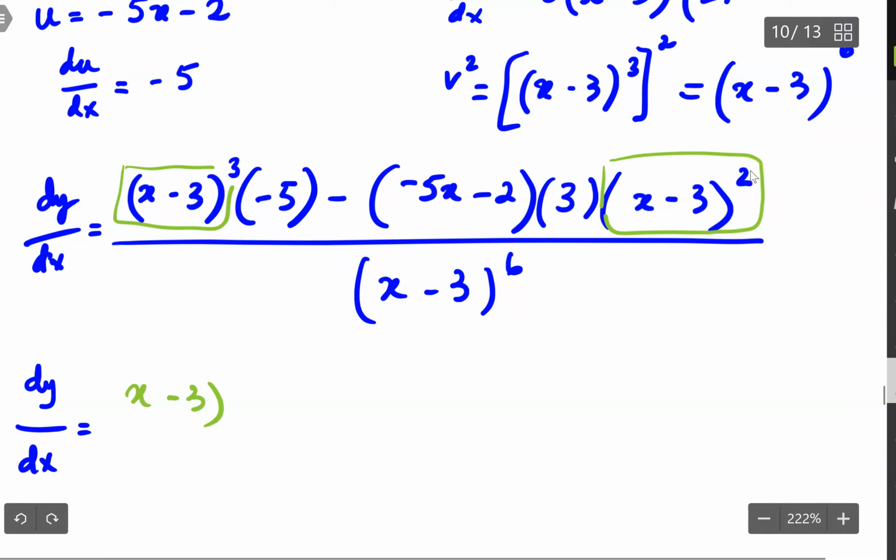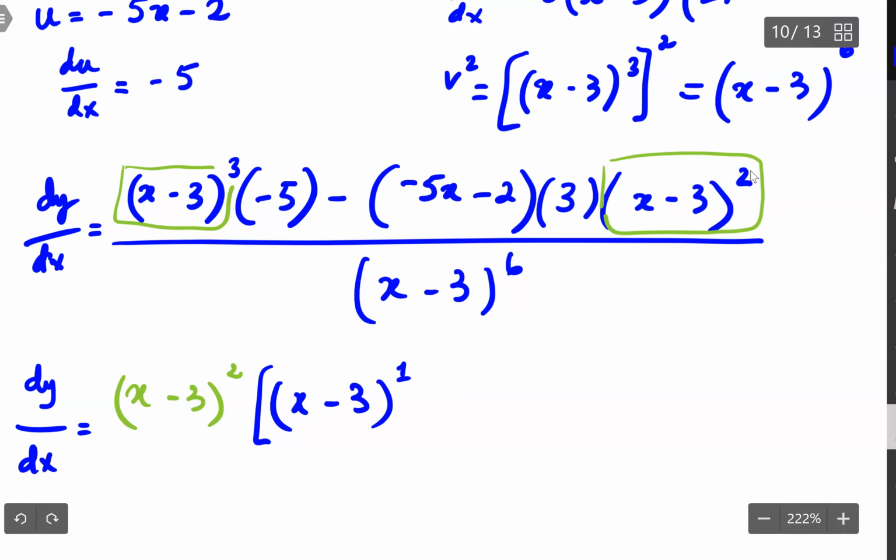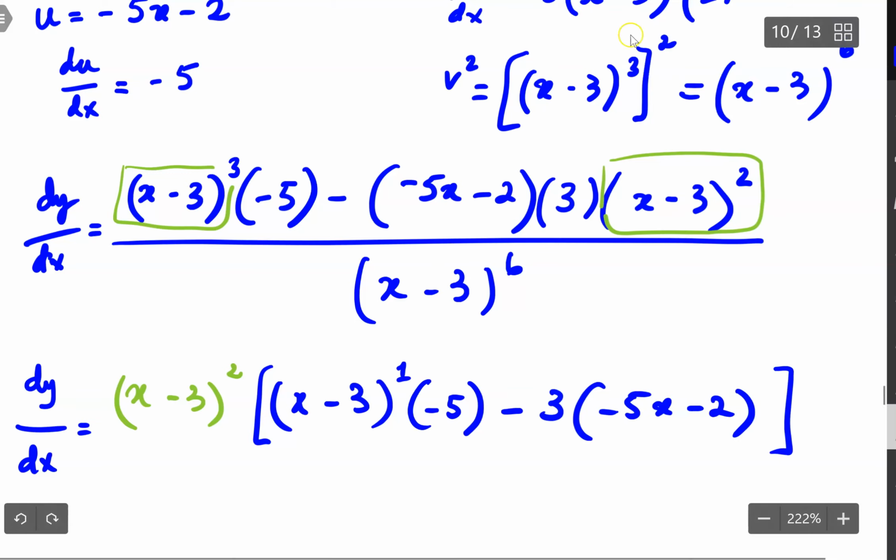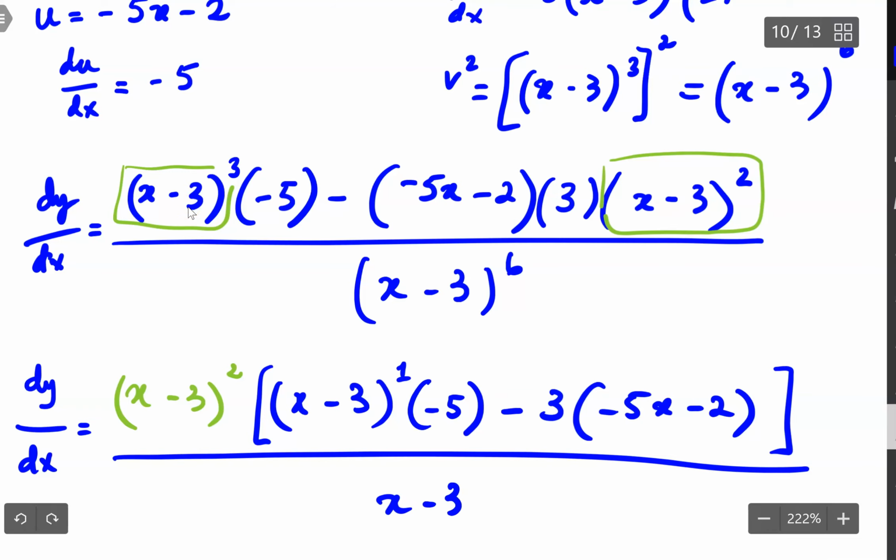So x minus 3 to the exponent 2 will be my common factor. That means I will have x minus 3 to the exponent 1 left in this term, and for the second part, I just have 3 times negative 5x minus 2 left, since the common factor has gone out. This whole thing is divided by x minus 3 to the exponent 6.